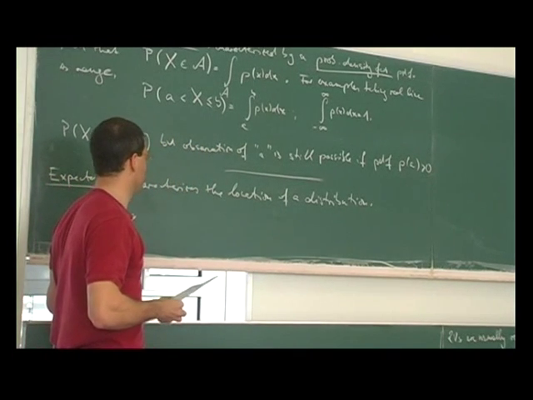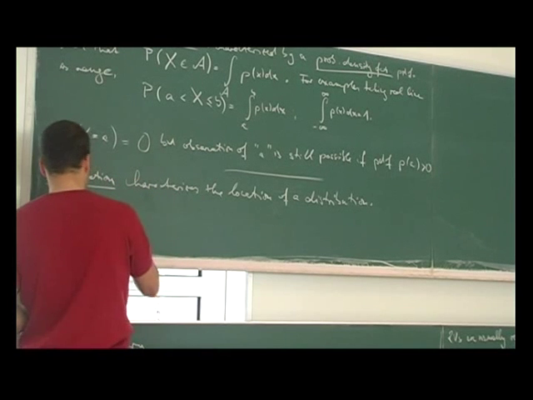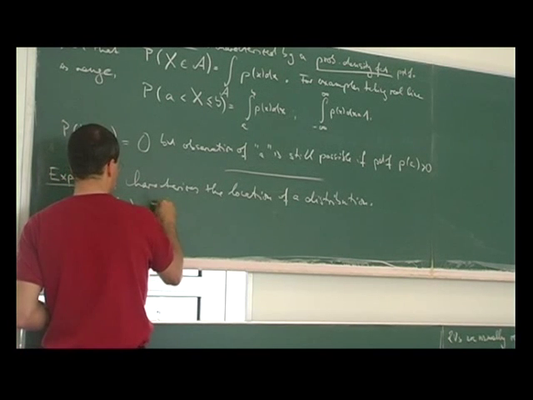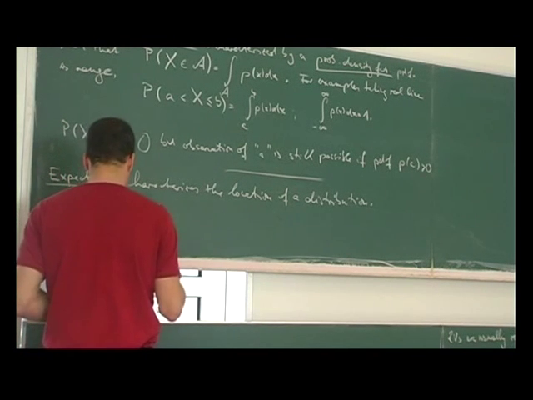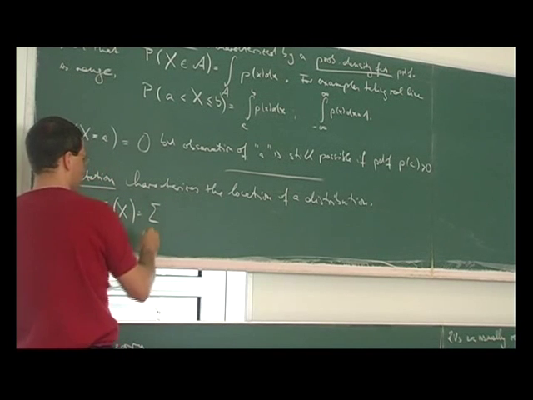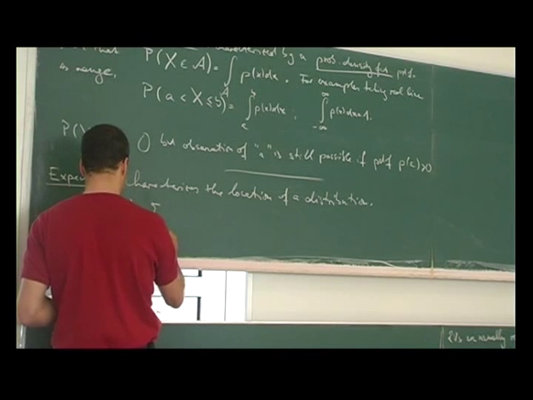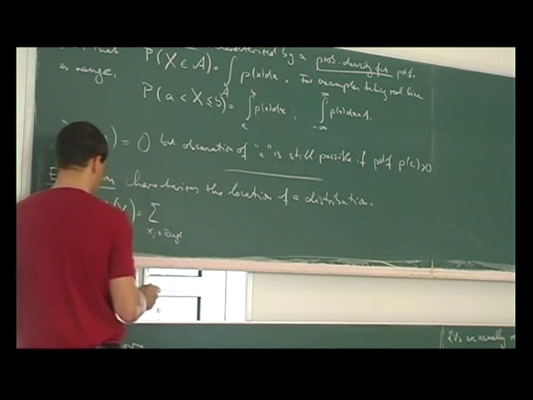It's defined as follows, and you will have seen this 100 times, I think. So in the discrete case, we sum over all of these at most countably many values in the range that are possible.